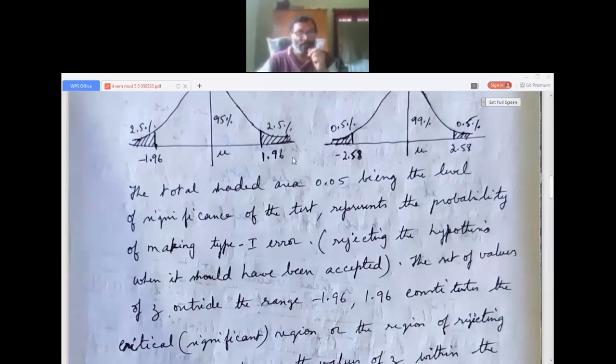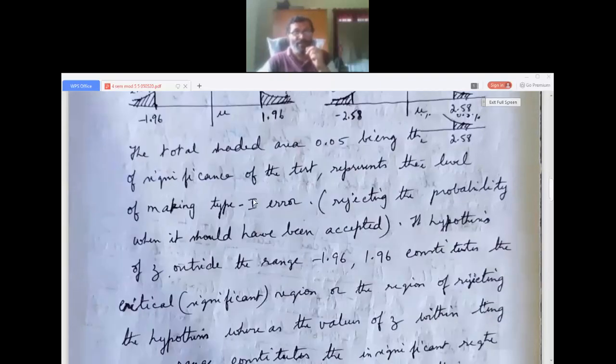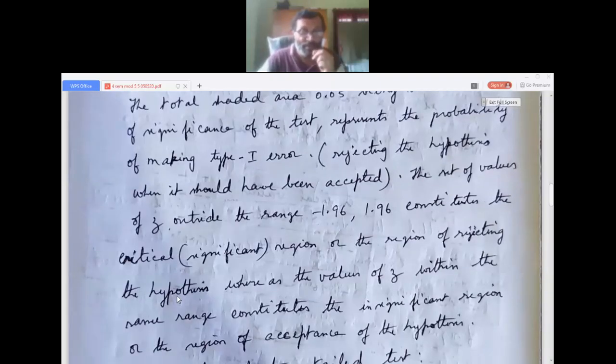Significant region or critical region means it is the region of rejecting the hypothesis. This will come later. So outside, in the tail, the ending portion, is the region of rejecting the hypothesis.